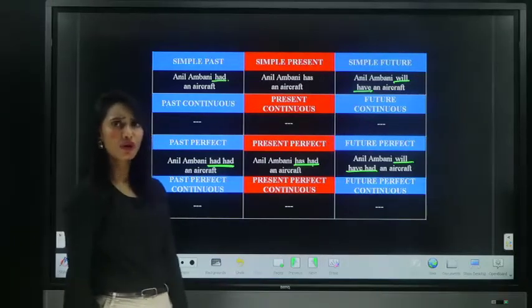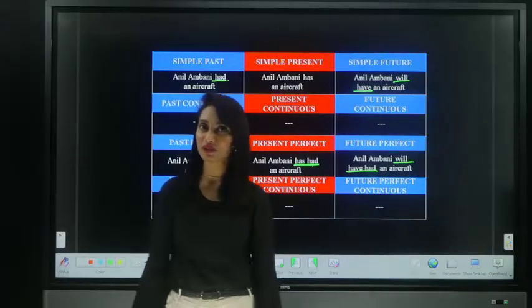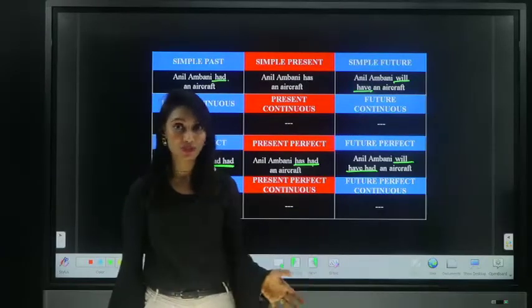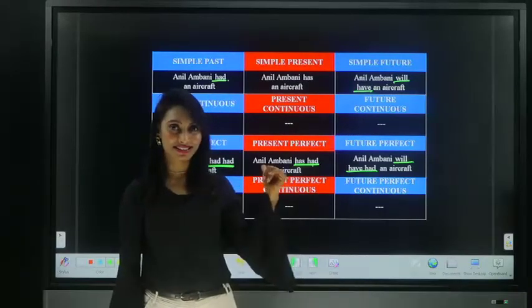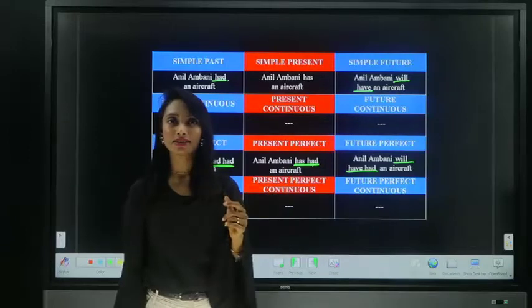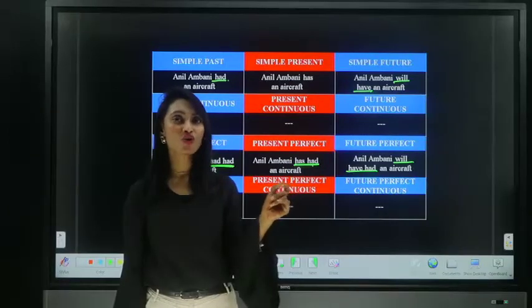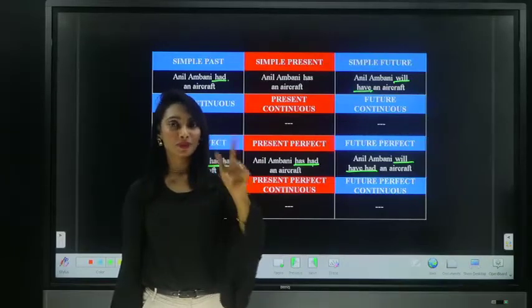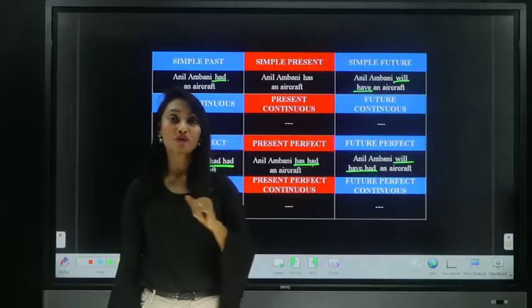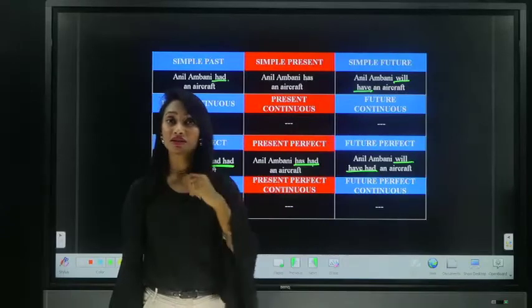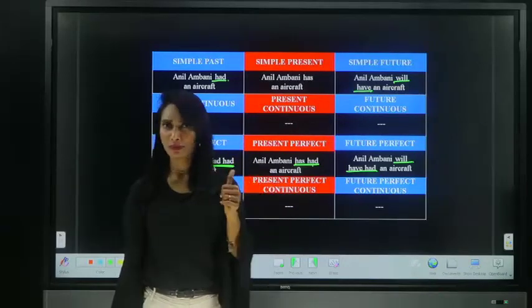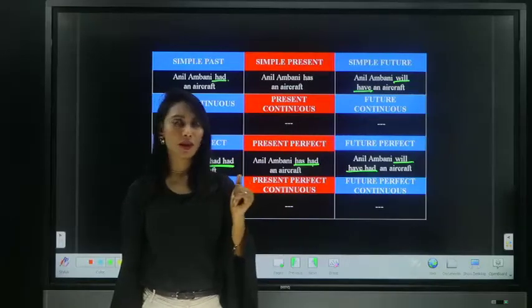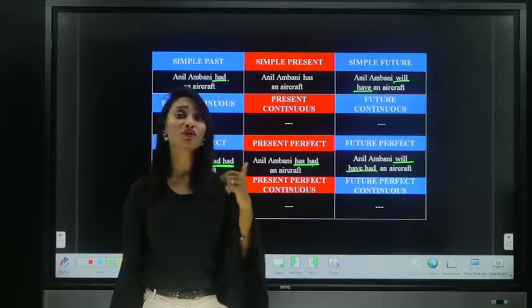So for verbs of condition and verbs of possession, all forms are not possible, as you have seen clearly. For verbs of condition, only simple forms are possible: simple present, simple past, simple future. For verbs of possession, two different forms are possible: simple present, present perfect; simple past, past perfect; simple future, future perfect.